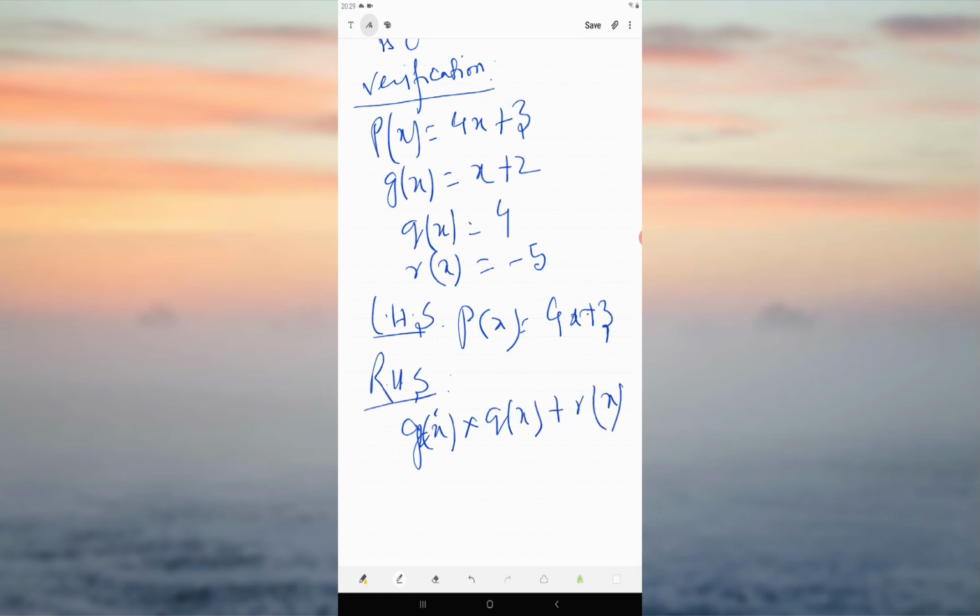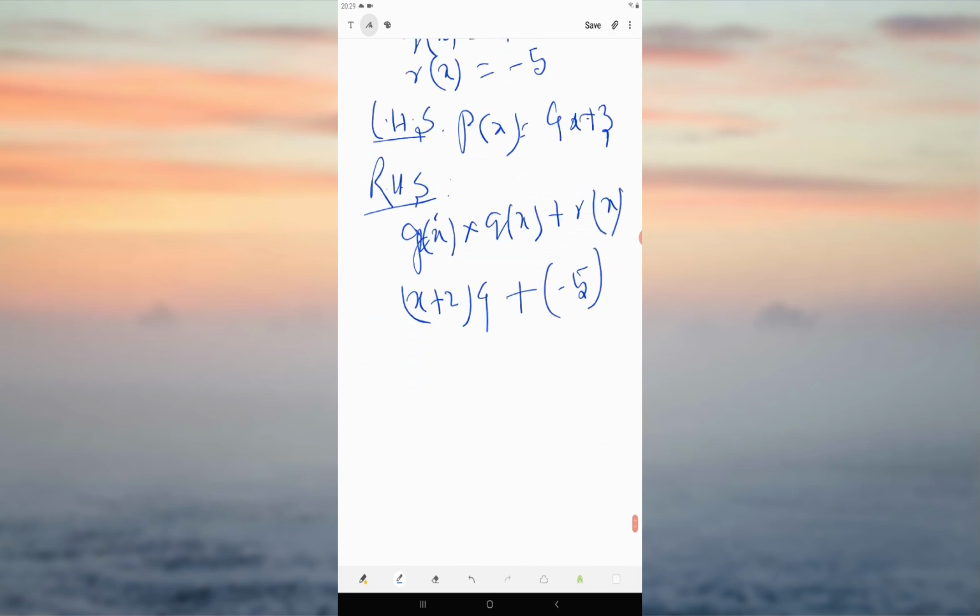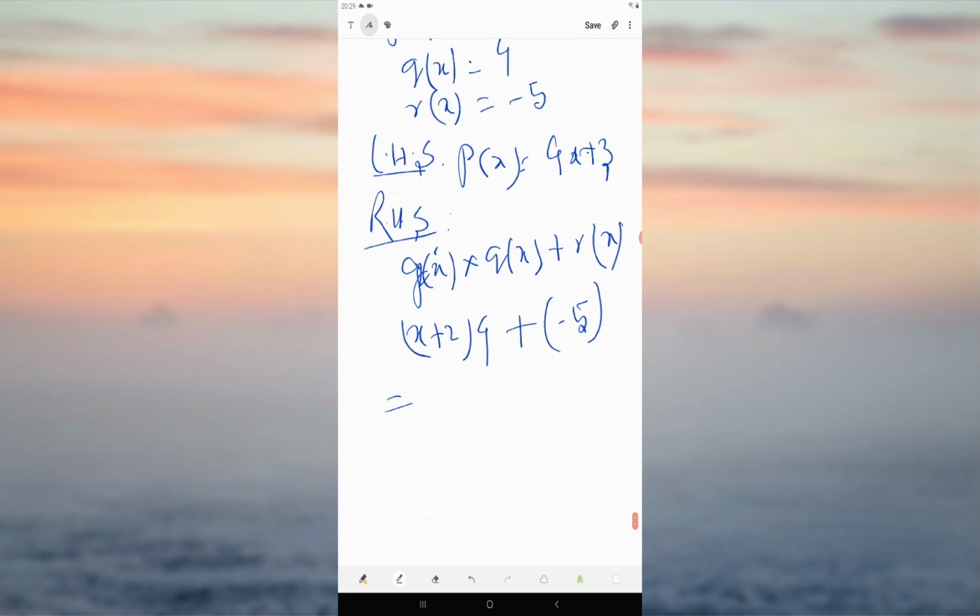This is our RHS. So g(x) is x plus 2, into q(x) which is 4, plus r(x) which is minus 5. So 4 into x plus 2 is 4x plus 8, plus minus 5, so minus 5. So we got 4x plus 3.